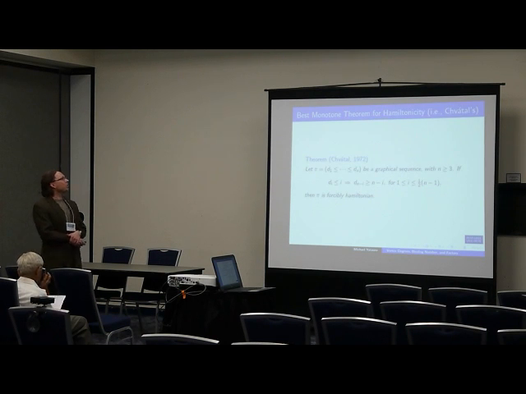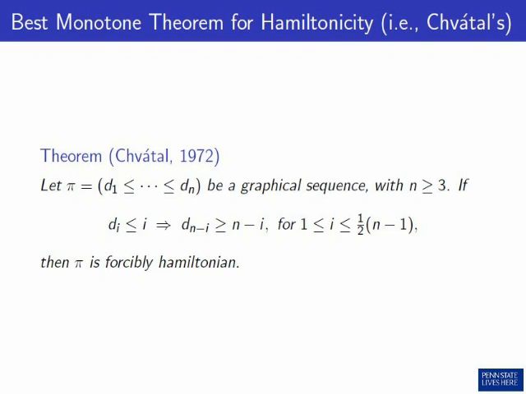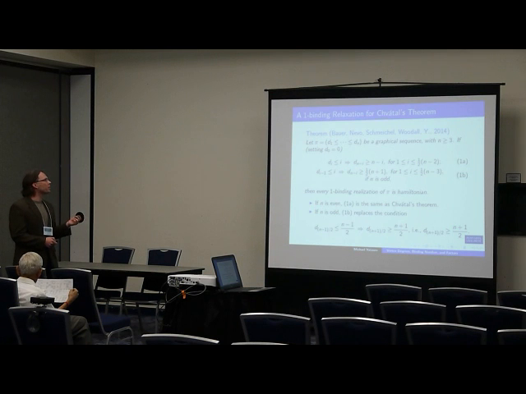So what I'm going to do now is interweave. I'm going to say here's the best monotone theorem for a property, and here's what it looks like if we're only considering the 1 binding realizations. Here's Chvátal's again. It is best monotone for Hamiltonicity. So we have a result here that's in some sense a 1 binding relaxation.